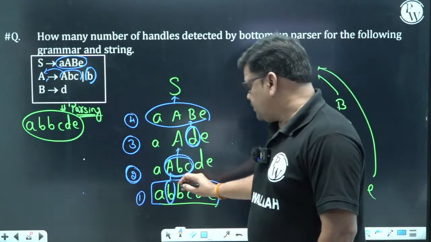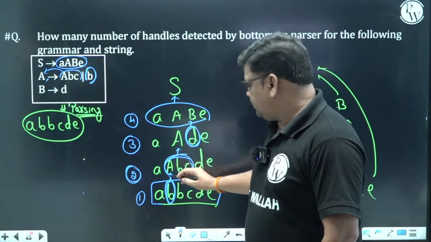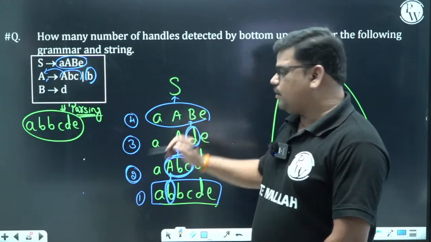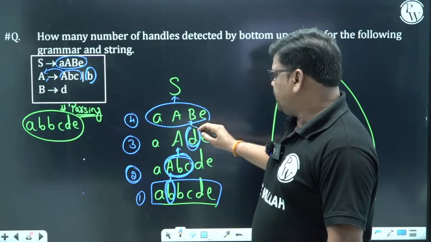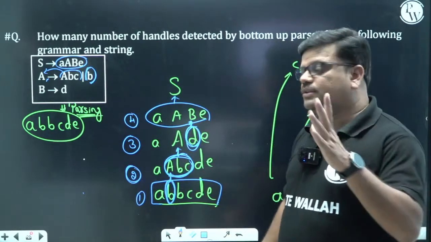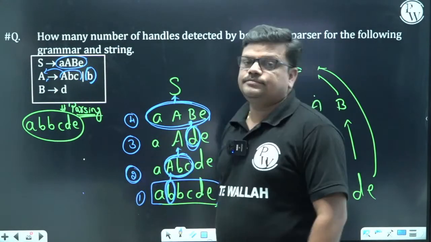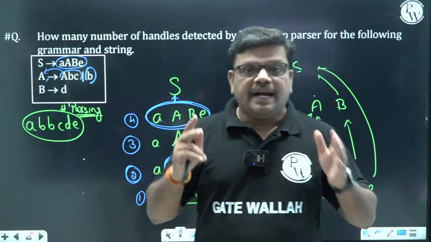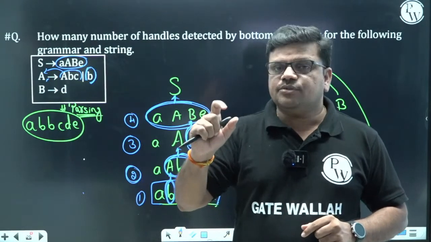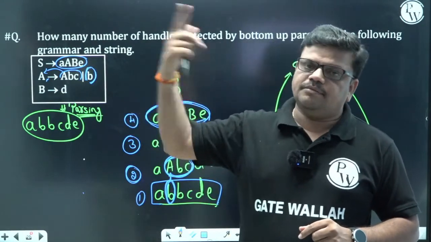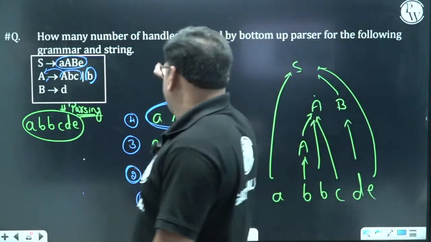So here b is matching, replaced by A. Second step, ABC is matching, replaced by left hand side non-terminal A. Third step, D is matching, replaced by capital B. In the fourth step, this is matching, replaced by capital S. Like this, at every step, whenever a substring matches the grammar right hand side part, the left hand side non-terminal will replace it.